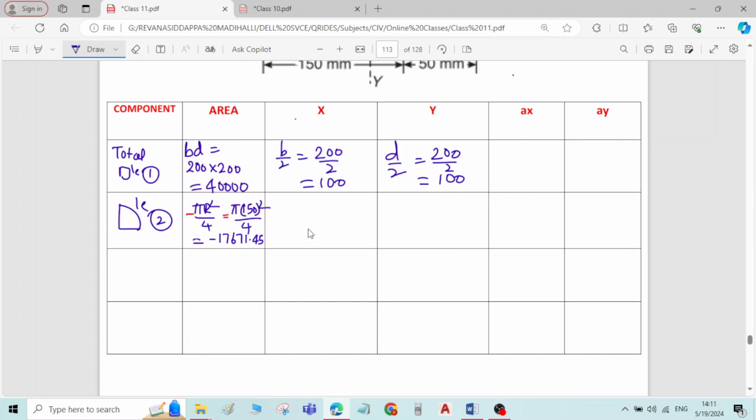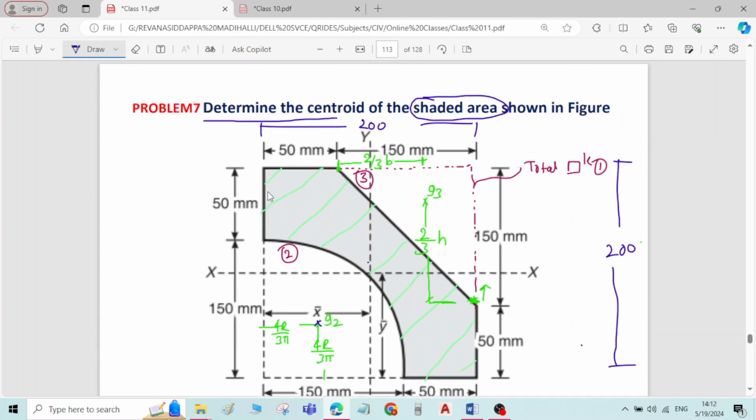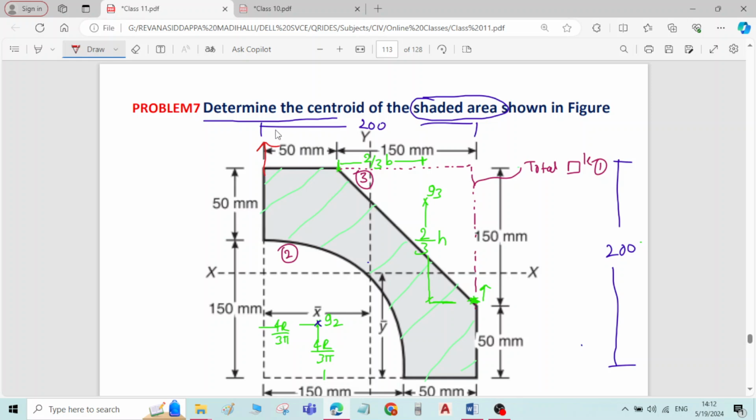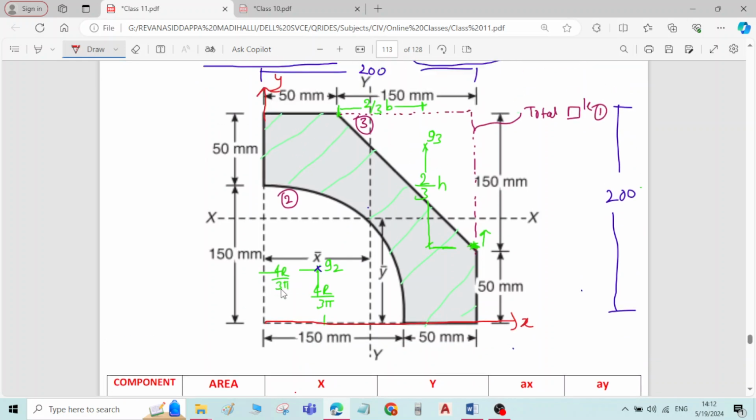Then coming to the x value for the quadrant of the circle, it is the distance of G2 from the reference x-axis. Here I forgot to write the reference axes, so here I'll write the reference y-axis, and here I'll take the reference x-axis.